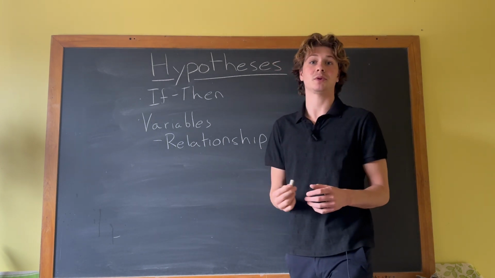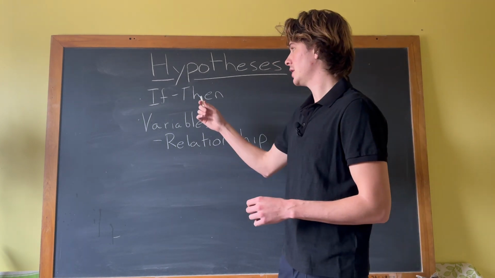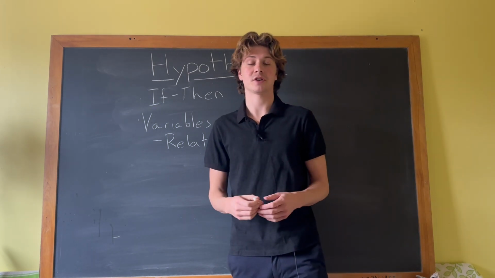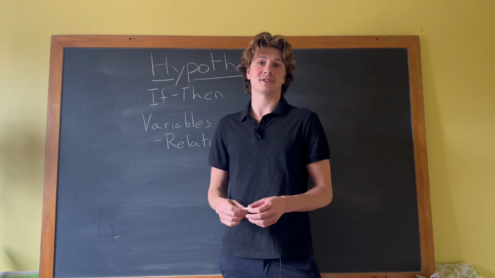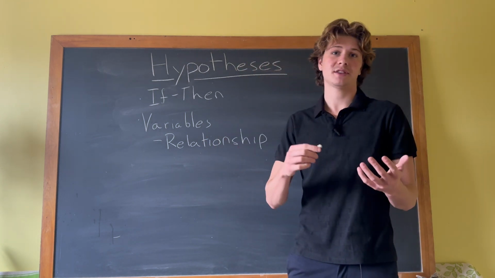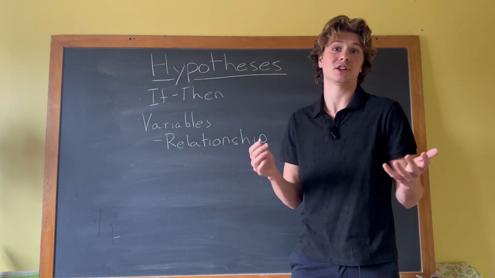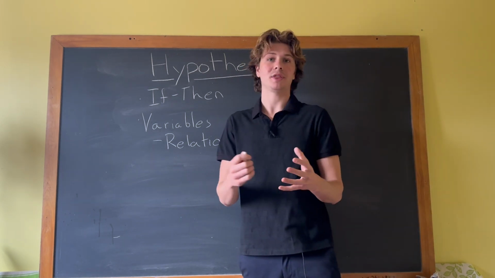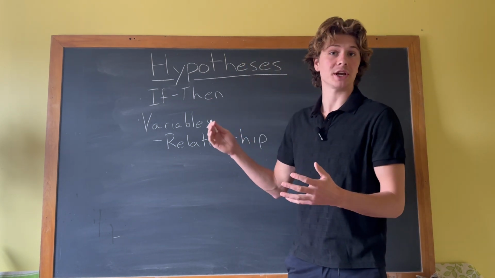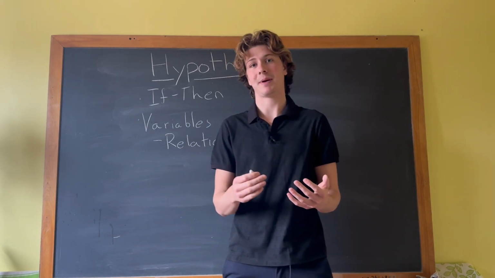That's the difference between an alternative hypothesis, which would be if this occurs, then this occurs. And we could also have a null hypothesis, right? If this doesn't occur, then this occurs. And it still occurs, right? So there's no relationship. That would be a null hypothesis. That would be when there's absolutely no relationship between the independent and the dependent variables.